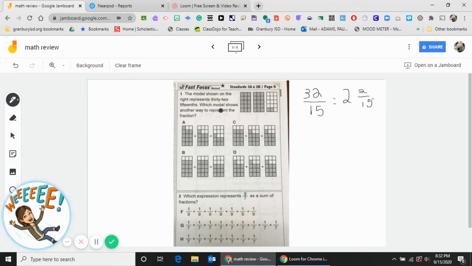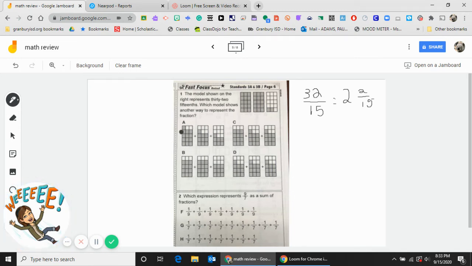So anyways, we want to know which model shows another way to represent the fraction. So they've coded it this way, but they want to know what's another way to do that. There's only one way to do that. We've got to add these up. So we've got to compose them to find out the sum.